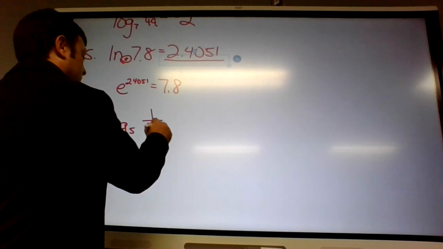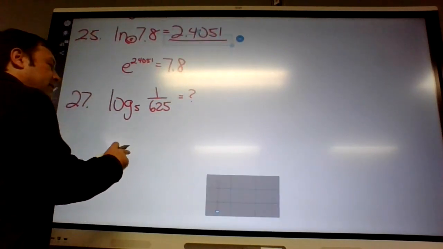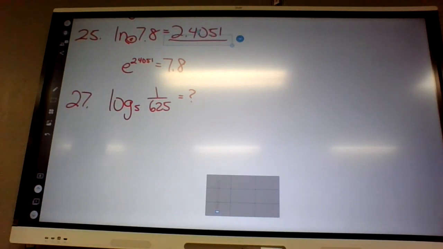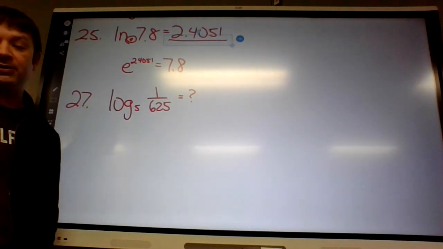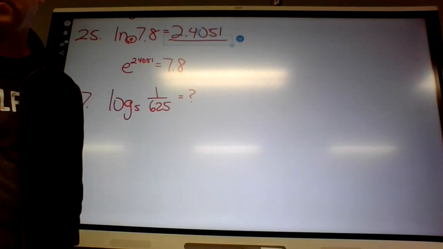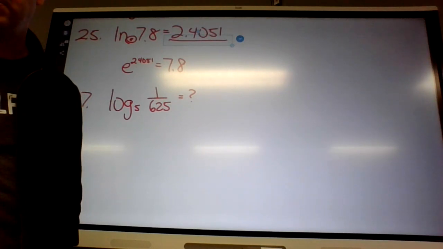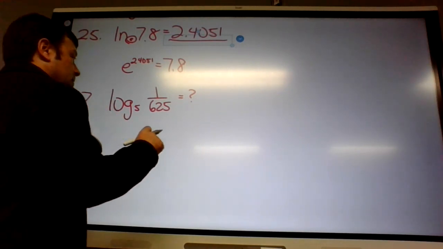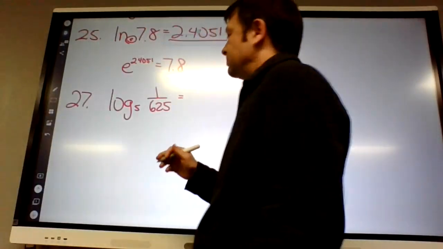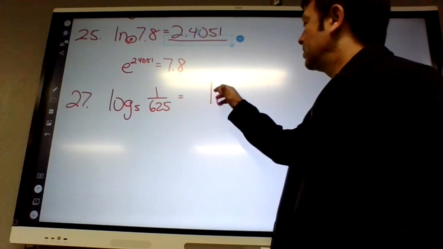Okay, so we're supposed to solve this, equals what? You can just plug this in your calculator. Will, do you remember how to do this on your calculator? Is it log of 1/625 divided by log of 5? Yeah.